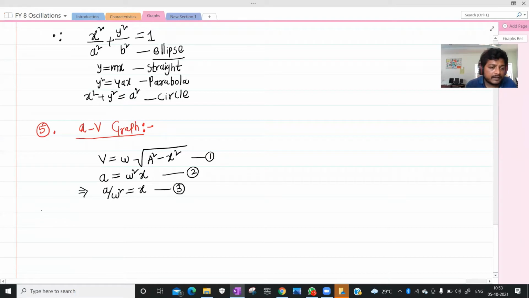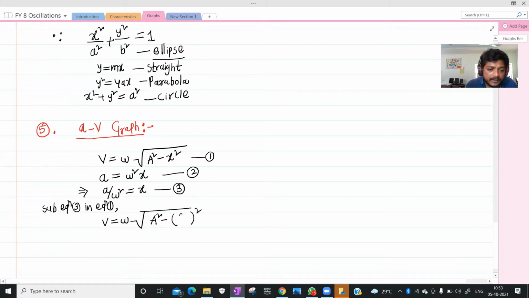Now here I am substituting equation 3 in equation 1. Equation 1 is v equals omega under root a square minus x square.